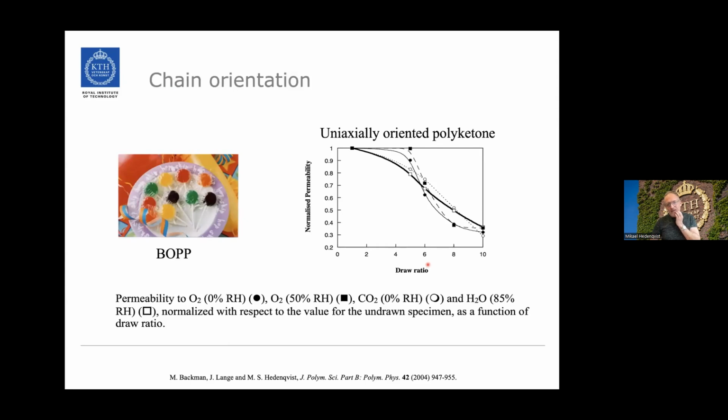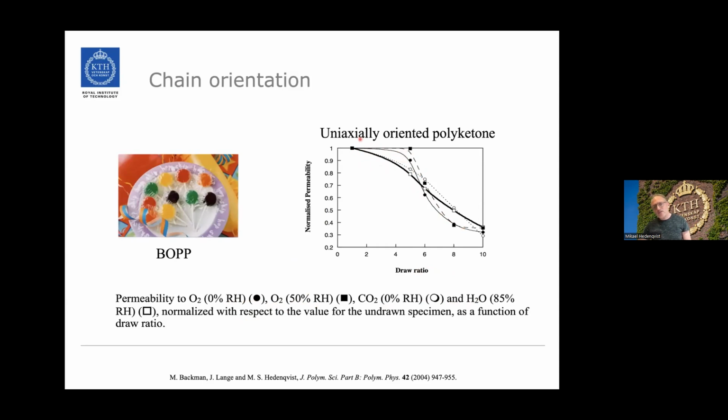Here is another study where we looked at polyketone and different draw ratios of polyketone. And we have oxygen, and we have carbon dioxide and water. And we can also see here a transition, which is more apparent for CO2 and also, let's see, oxygen when it's dry.